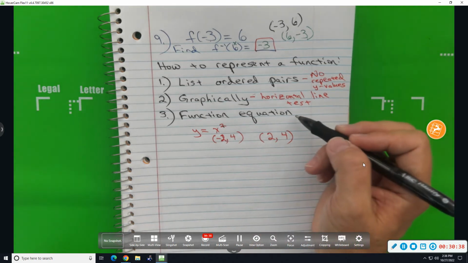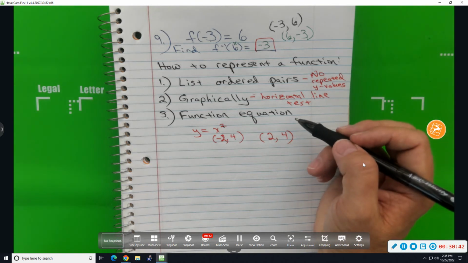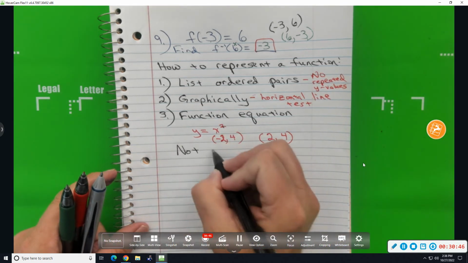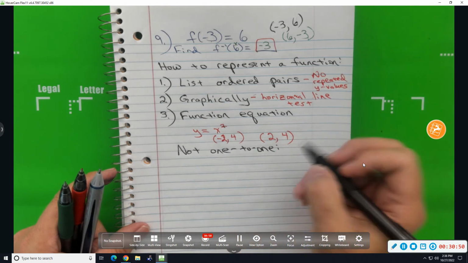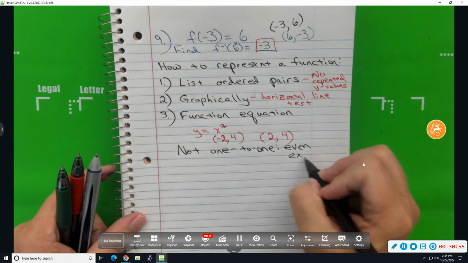So if you're looking at a function equation, there's one thing you definitely need to be on the lookout for. The equation would not be one-to-one if it has even exponents, x squared, x to the fourth, what have you.